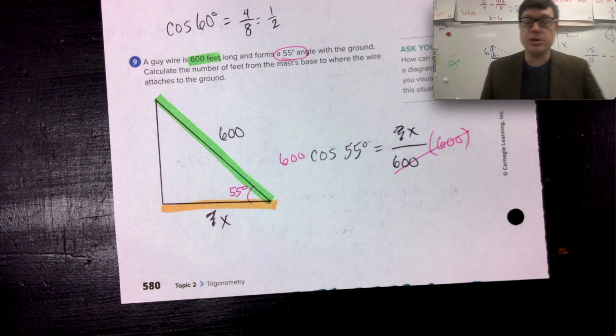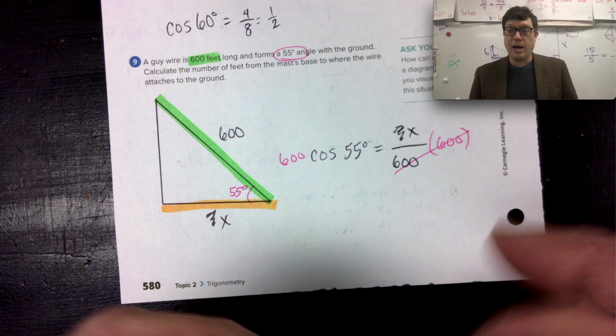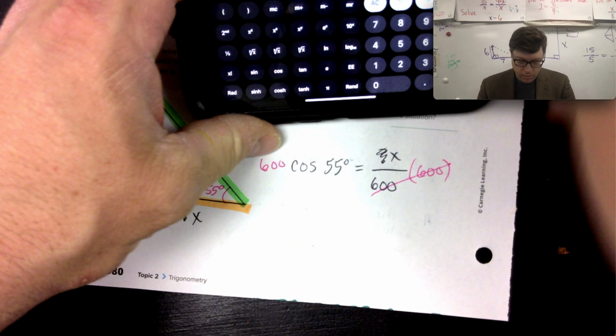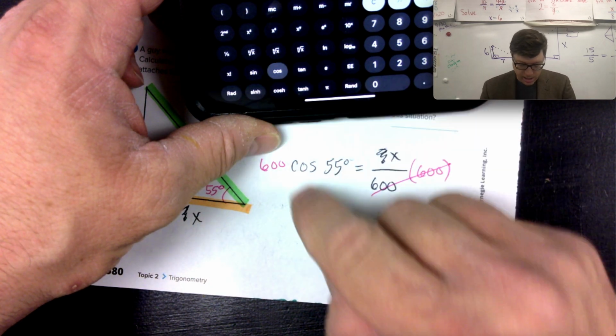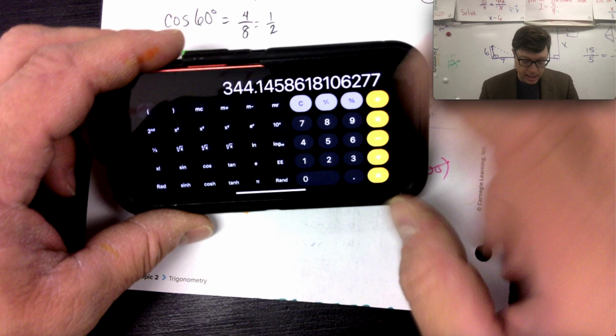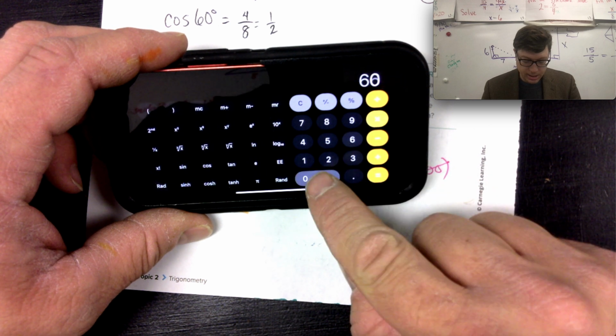And now we go to the yellow calculator. I'm going to use my phone. We're going to do the iPhone. I'm going to go, hang on a second here, calculate, turn it sideways. We're going to go 55 cosine times 600. That's the proper way to key it in. Did you see it? 55 cosine times 600.